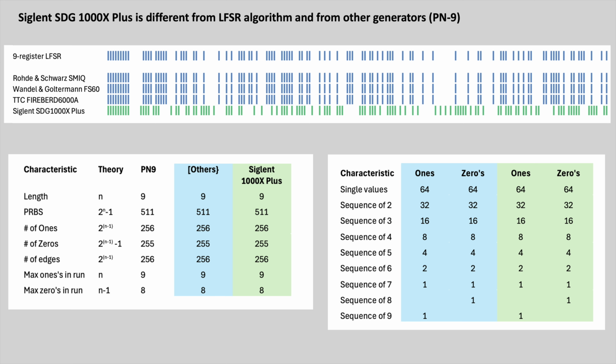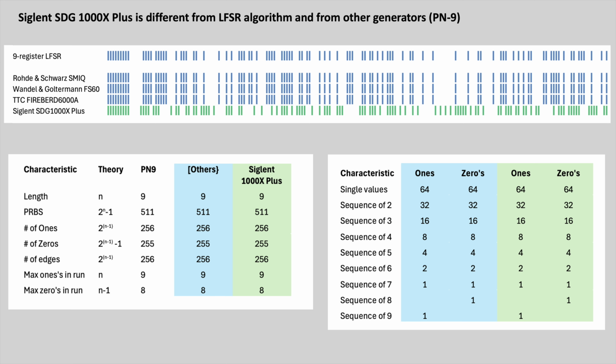The number of ones is 256, the number of zeros is 255, so that's the same as the other instruments. The number of edges is 256, that's the same. The number of ones in one run, in one sequence, is 9, we just saw that. And I also double checked the number of zeros in a row is 8, so that's also the same. So these distributional characteristics are the same.